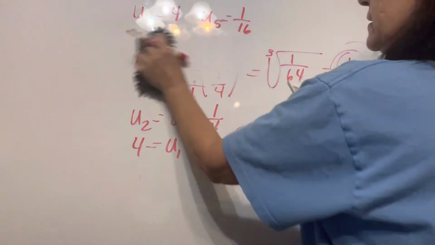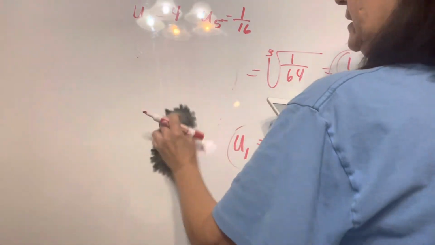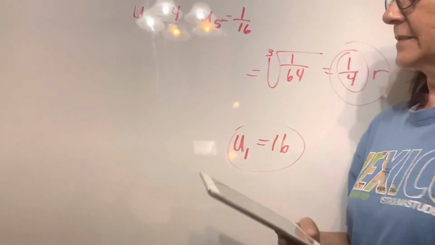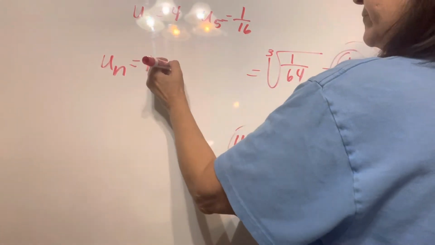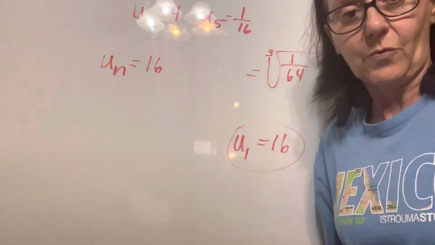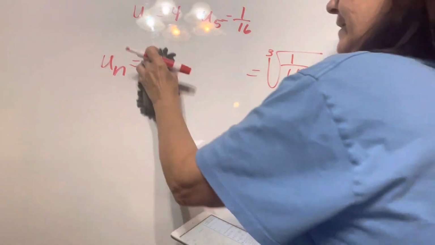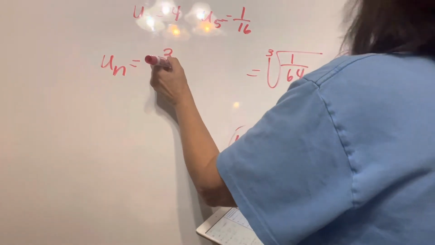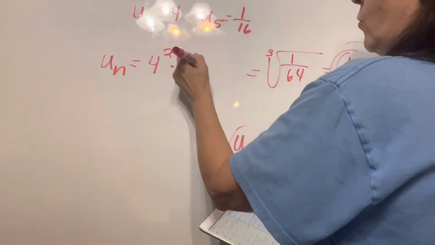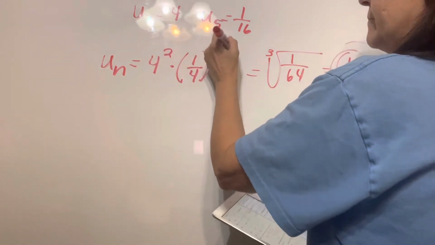So the explicit formula is u sub n equals the first term. I'm going to write that as 4 squared because I bet I'm going to need that. 4 squared times 1 over 4 raised to the n minus 1.